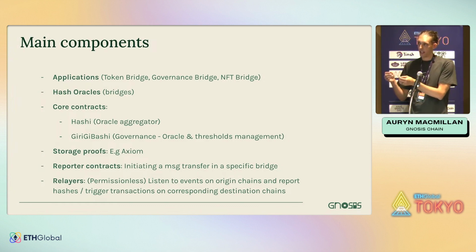Very interested in oracle adapters. So for any existing oracles that are out there, adapters for plugging Hashi into those, and things like message dispatching contracts, message executing contracts, and any other novel use cases that you can come up with.